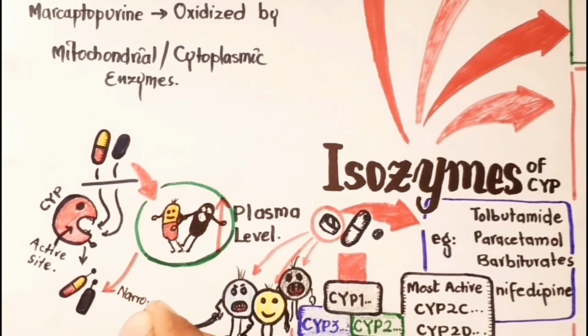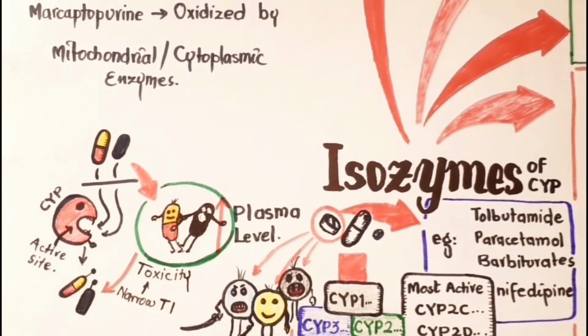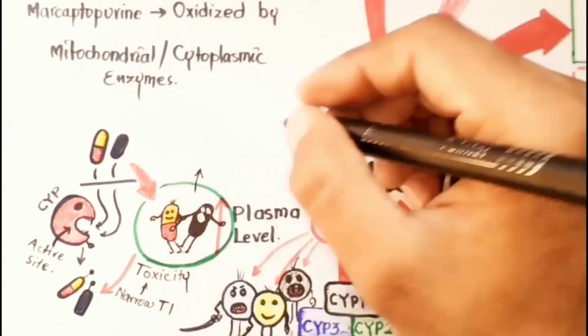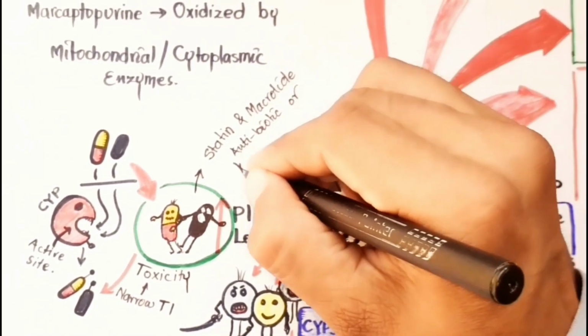If there is a narrow therapeutic index for the drugs, the elevated serum levels may elicit unwanted toxicities. For example, a statin and macrolide antibiotic or antifungal.